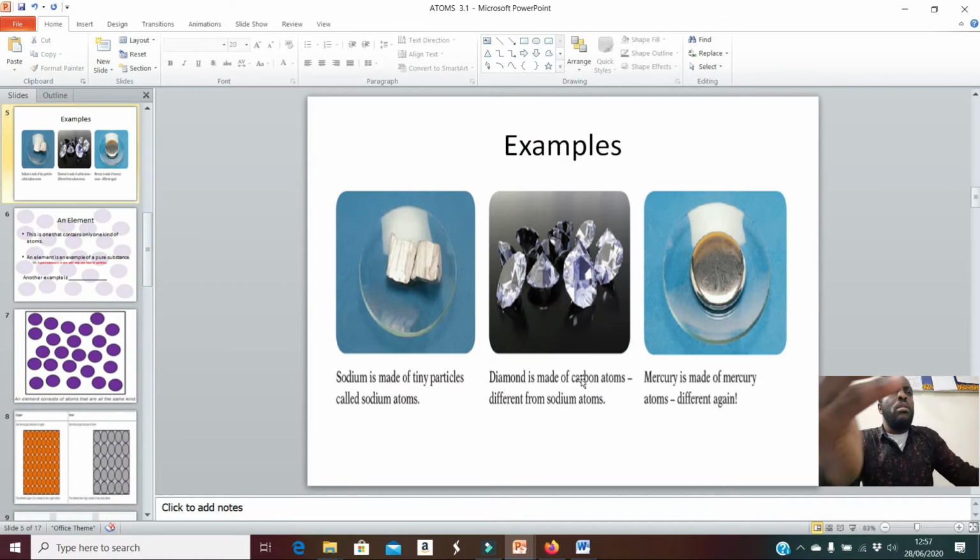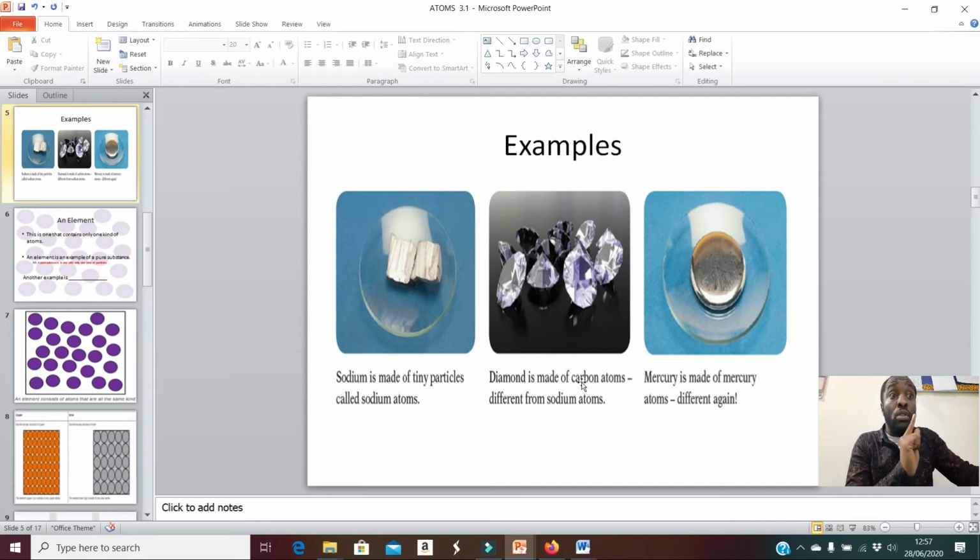Now, when we look at atoms, you should know that atoms combine together to form objects or substances. For example, you have sodium being made up of tiny particles called sodium atoms.